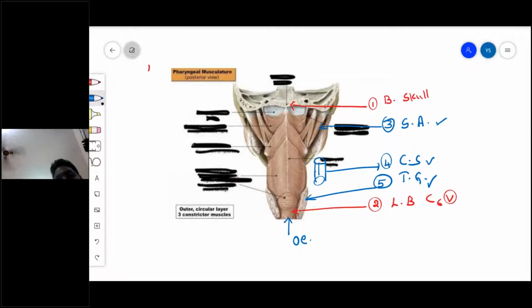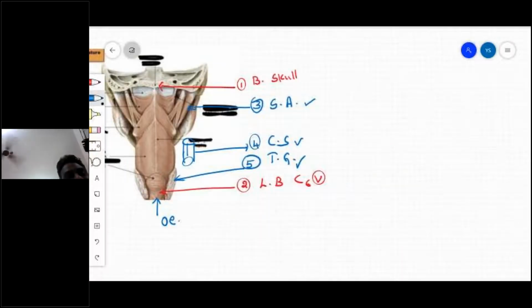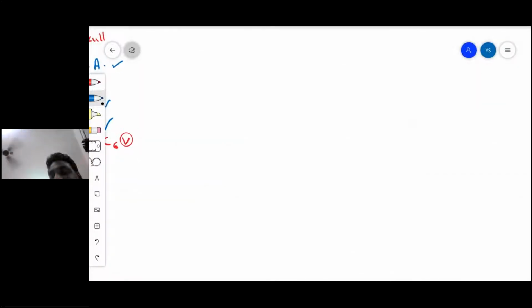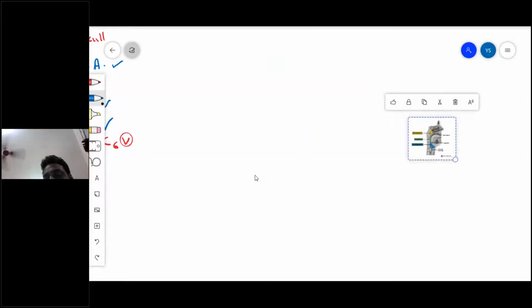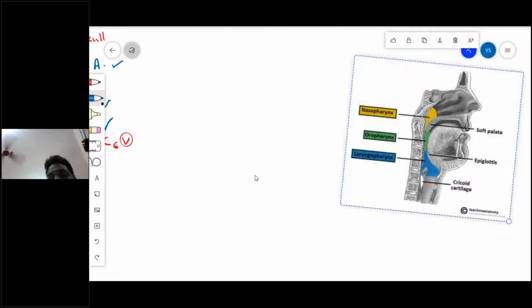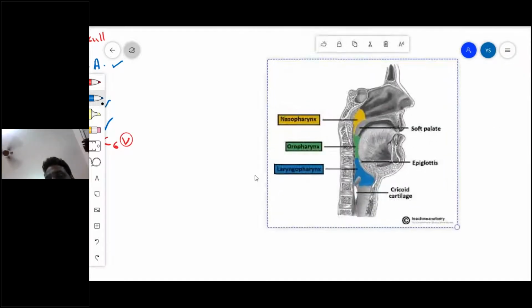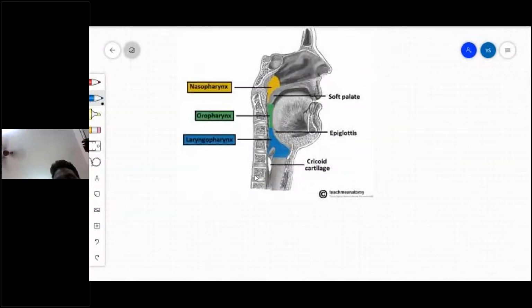That's enough. So I try to show you another picture. That one is the sagittal section of the pharynx. Can you see this picture? Yes or no?